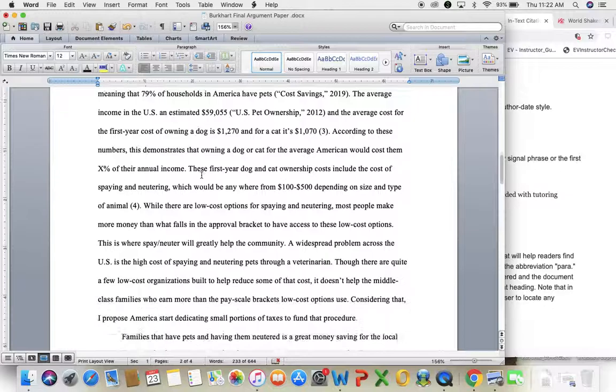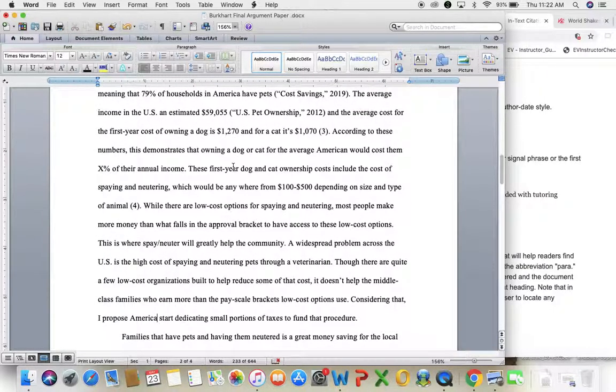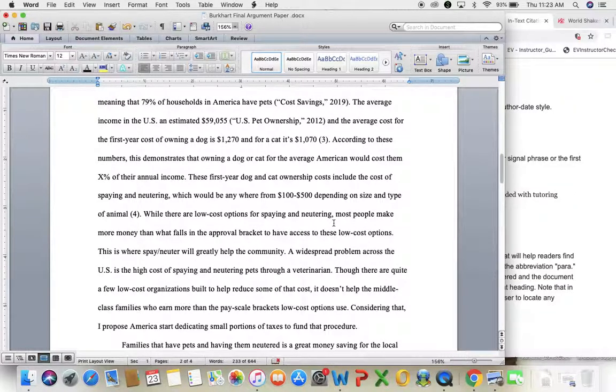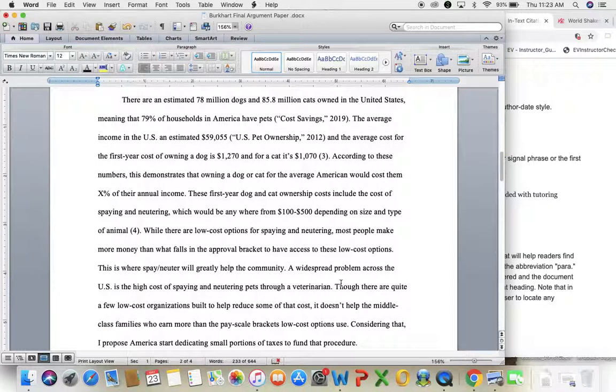Alright, so that organizationally makes for a better introduction. It by no means would be finished, because with the information that is there now, you have a thesis, which is great, and so I would keep that. What's overall missing from here is a sense of, you give us the price of spaying and neutering, and I think some of the other information that I eliminated, which you could bring back in, but it just needs to be presented in a specific way.